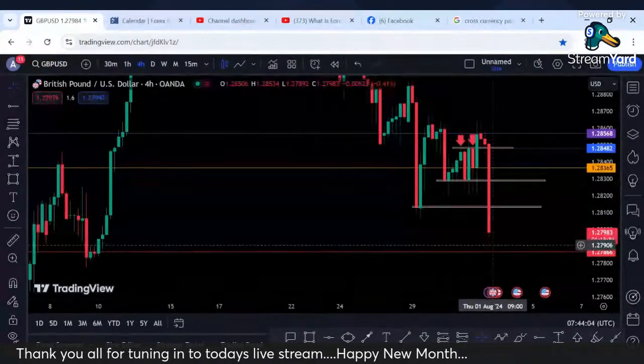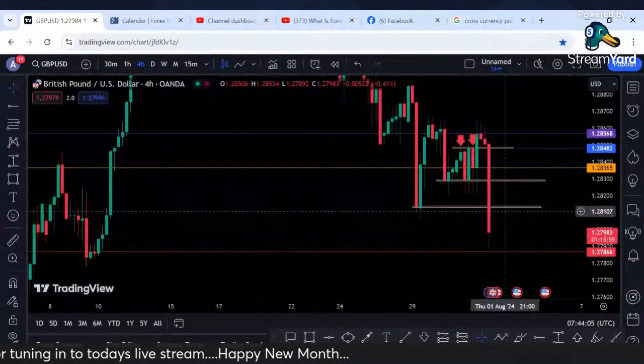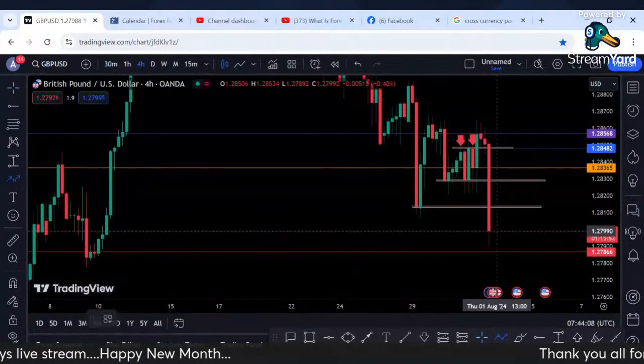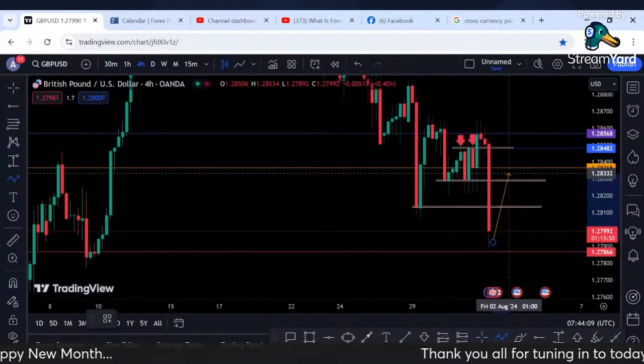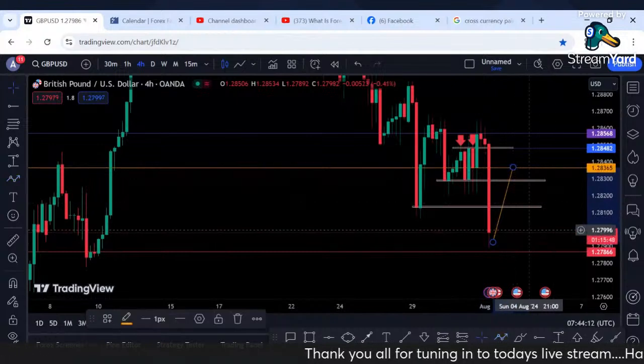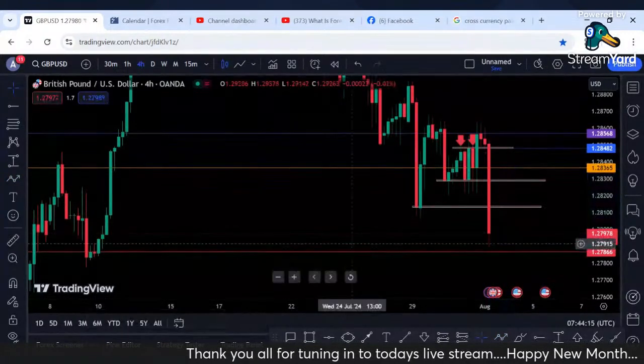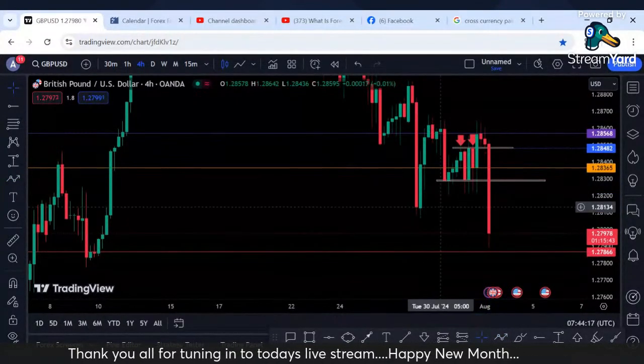Let's see when this 9 o'clock candle closes. So I'm hoping maybe tomorrow there will be a retest in these zones, but I doubt. Let's see what will happen.